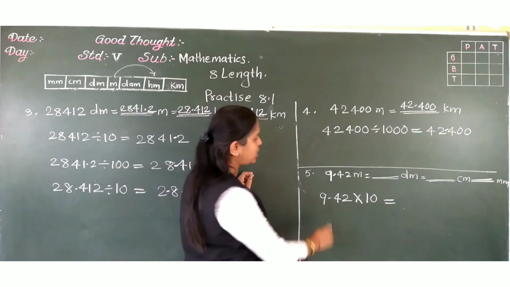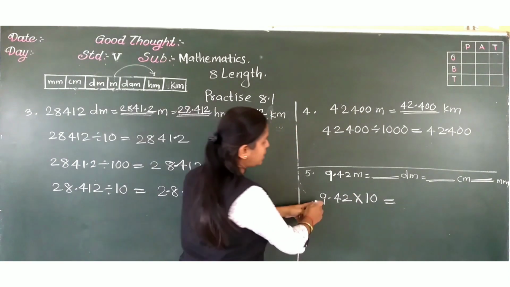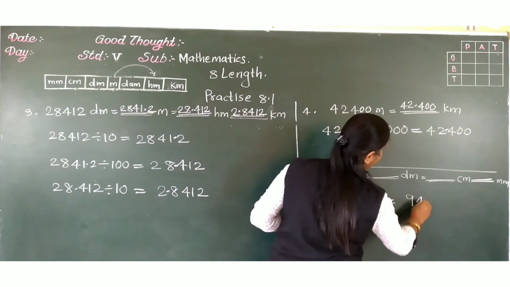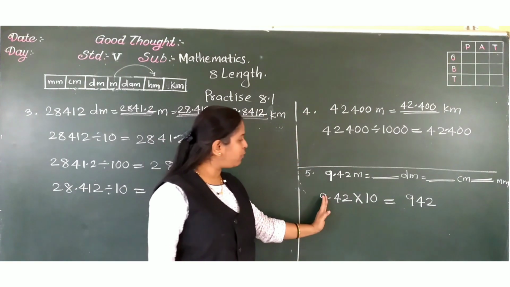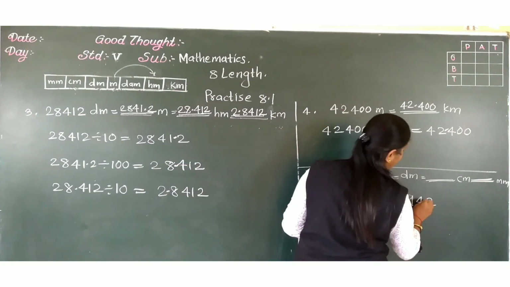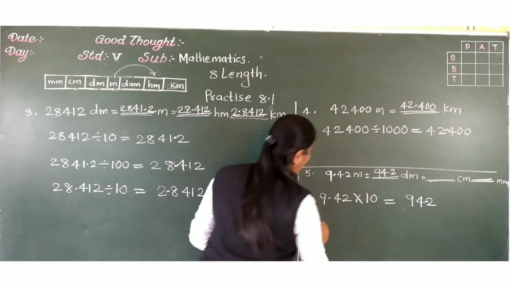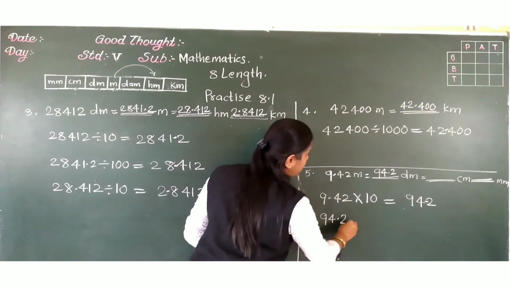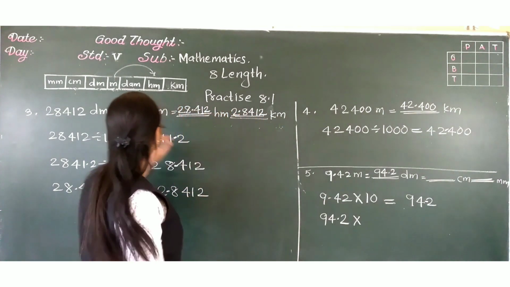Okay. Now here see, 9.42 multiply by 10. So write this number as it is. Earlier the decimal point is here. So it will shift by 1 place to the right side. That is 94.2. Okay. Now 94.2 decimeter you will have to convert into centimeter.